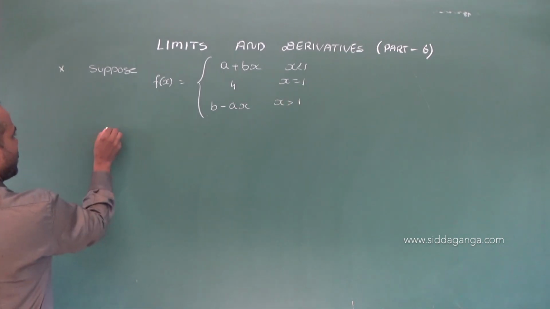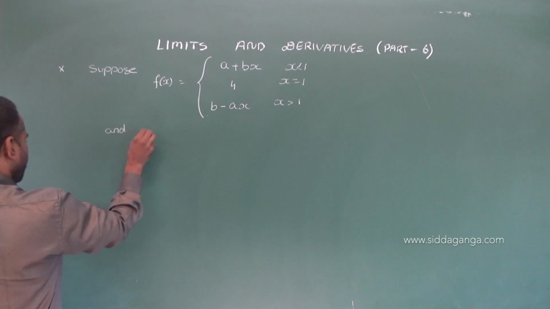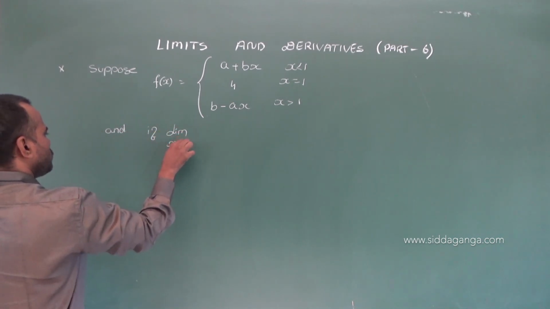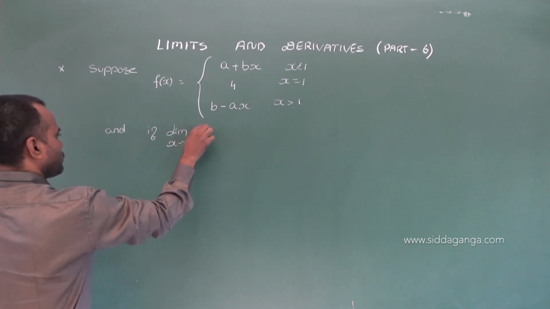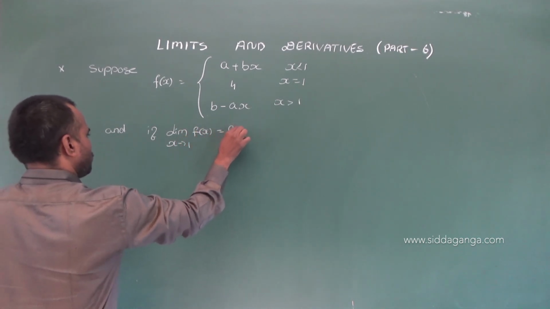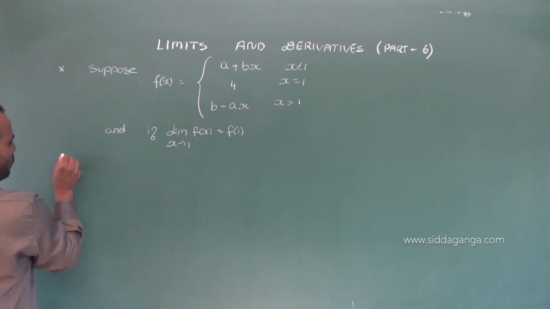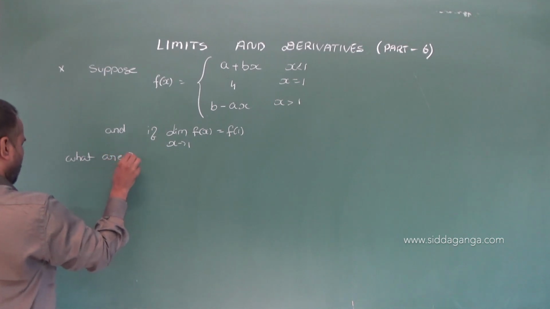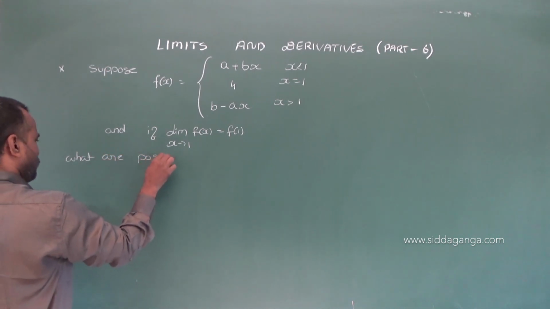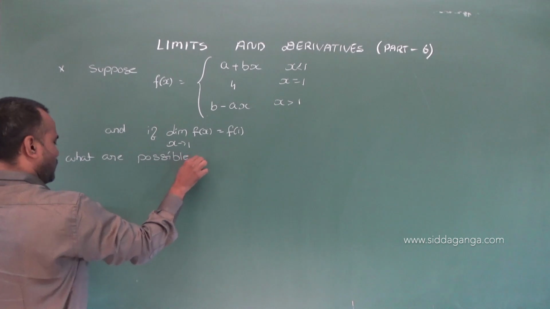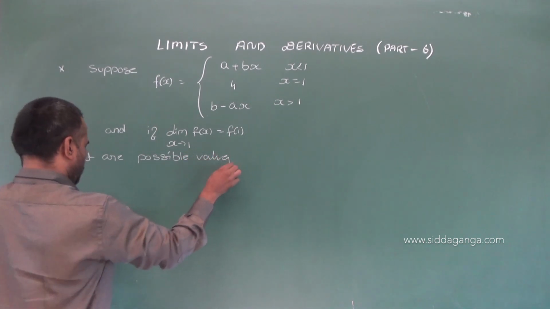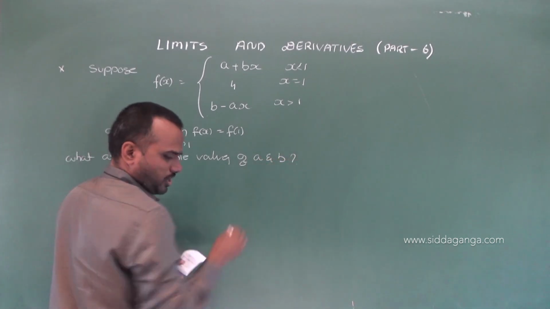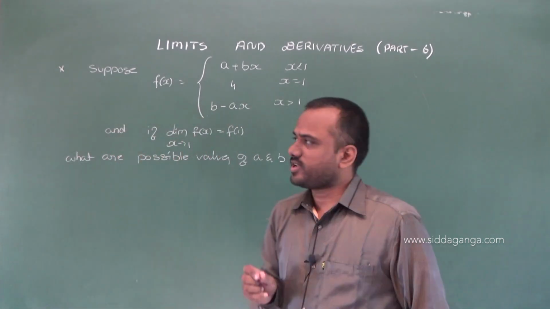And one more condition he has given: limit x tends to 1, f of x is equal to f of 1. What are the possible values of a and b?